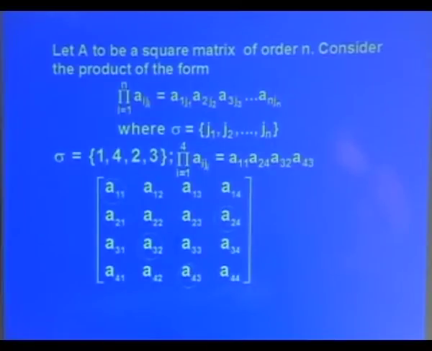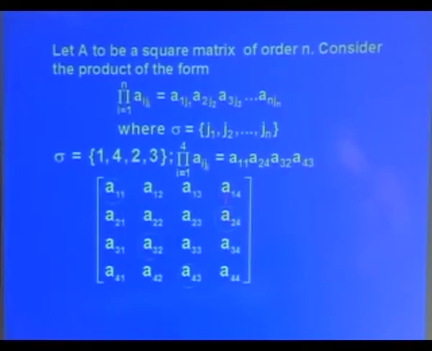Now, one can very easily observe that while formulating this product, we are considering only one term from a corresponding row and column. So, in the first row we will have only this term. From the second row we are having this term, from the third row we are considering this term, and from the fourth row I am considering this term. If I am considering this term, no other column element is selected.